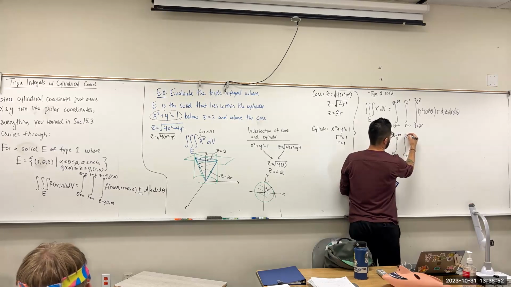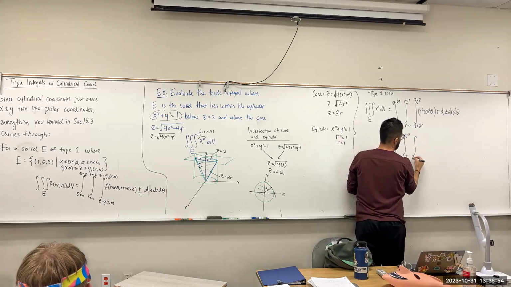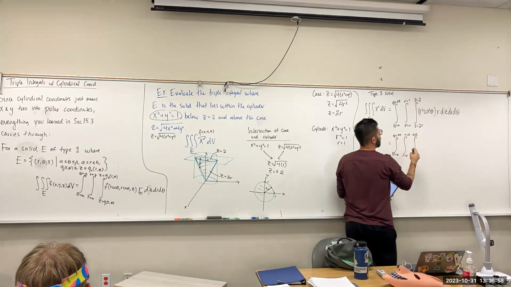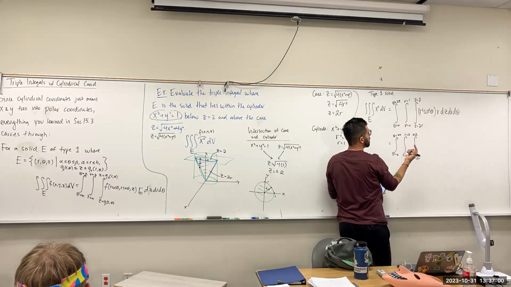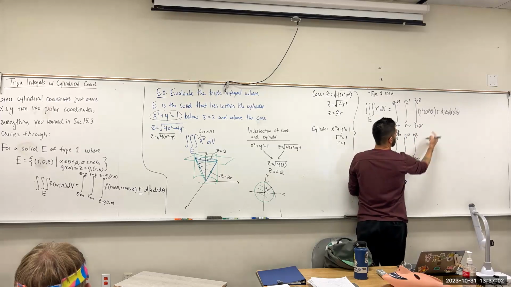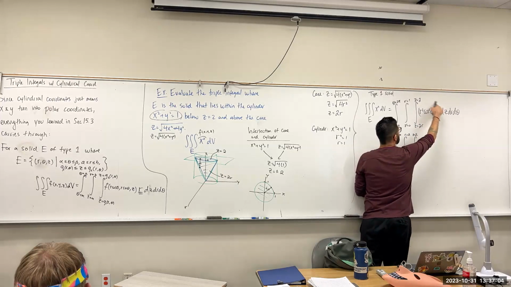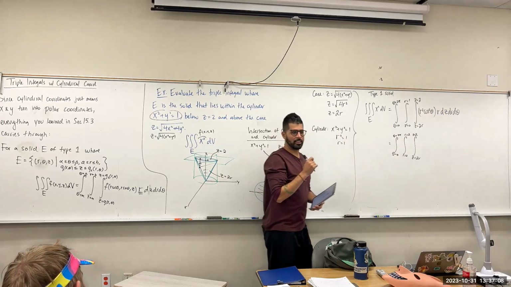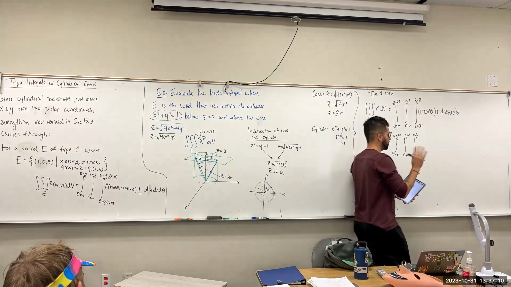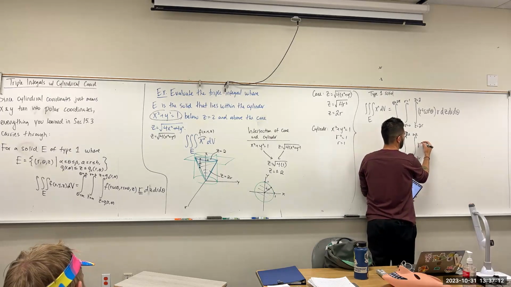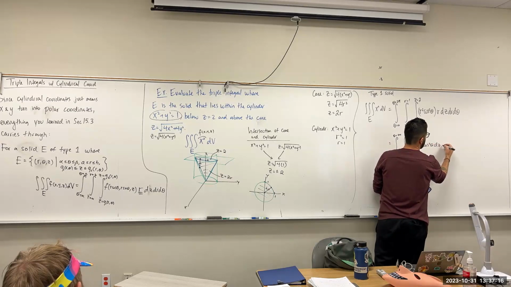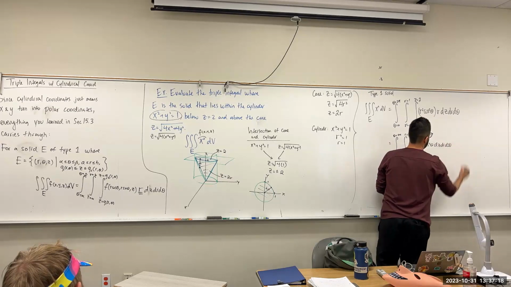R goes from 0 to 1. Z goes from 2r to 2. And then I think it's just the r that gets multiplied in there, right? Do I distribute it like this, or is it just literally multiplied with r? Yeah, it's just multiplied by r. So it's r cubed cosine squared theta dz dr d theta.